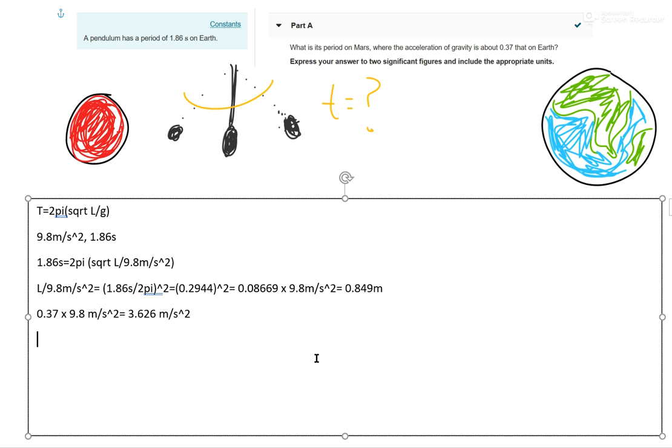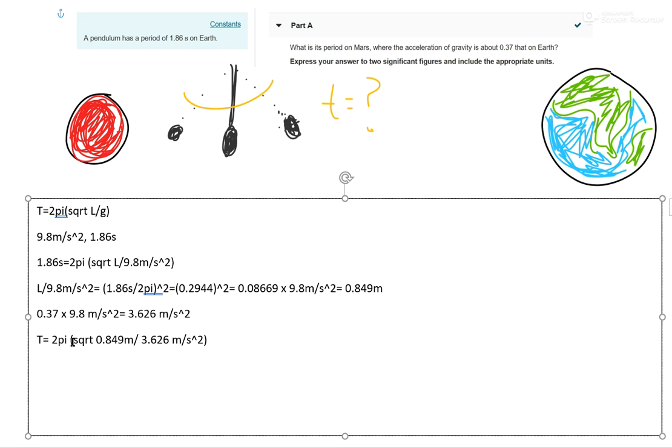So now we just substitute all we know into the equation for Mars. So on Mars, we don't know our time, so we do 2 pi times the square root of our length, which is 0.849 meters, over our Mars gravity, which is 3.626 meters per second squared.